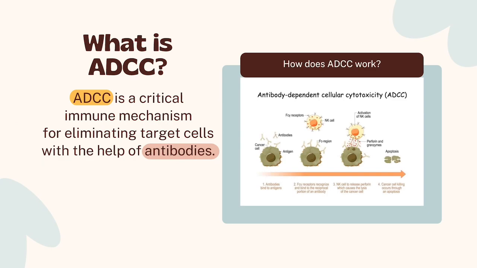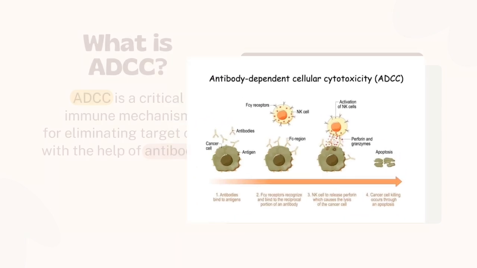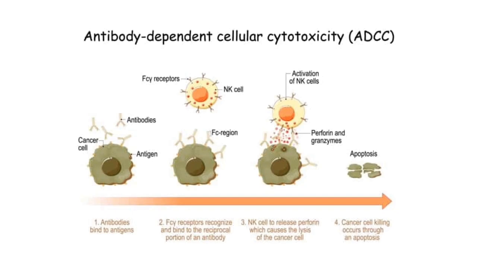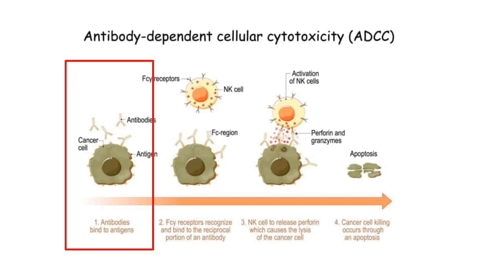ADCC is a process where immune cells destroy target cells, such as cancer or parasite-infected cells, with the help of antibodies. Here's how it works. Antibodies, mainly IgG, bind to specific antigens on the target cell.